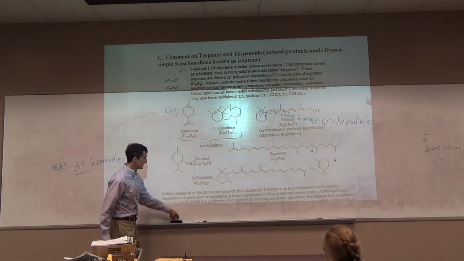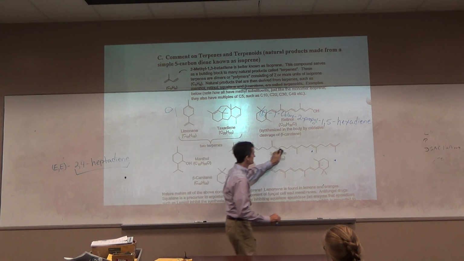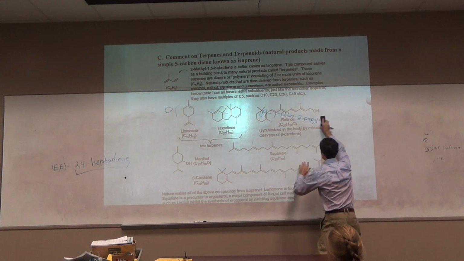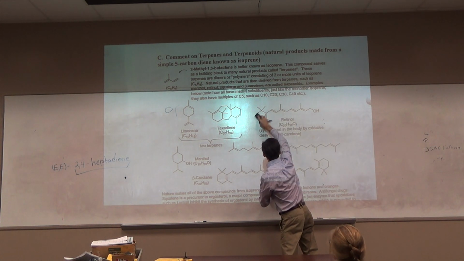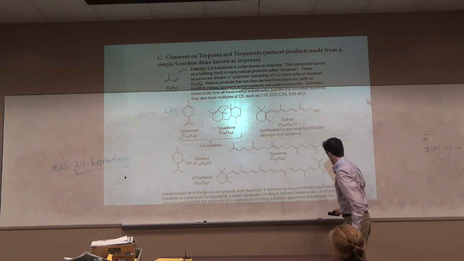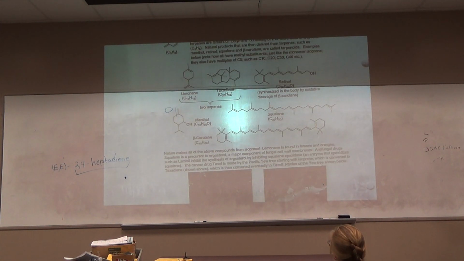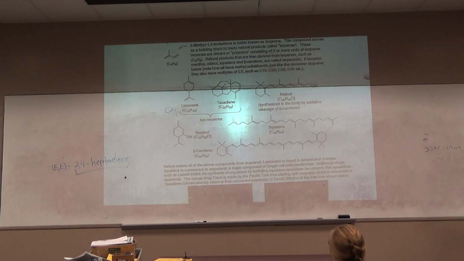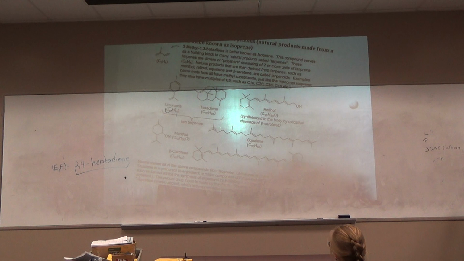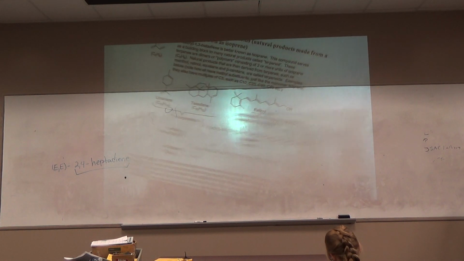Beta carotene, ever heard of it? Where do you find it at? How did the carrot make the beta carotene? Originally from isoprene, originally from CO2. Taxol, very important anti-cancer drug. So there are some terpenes.